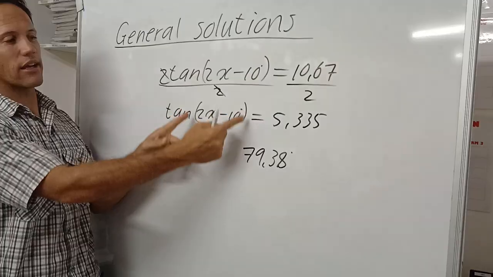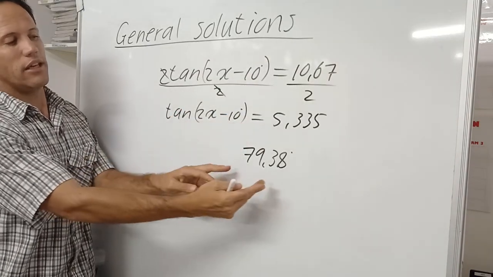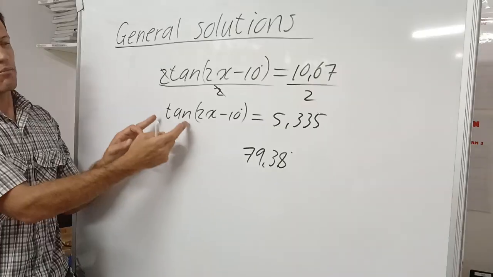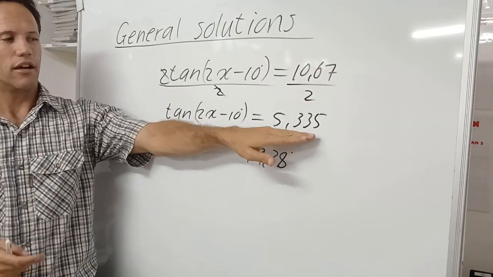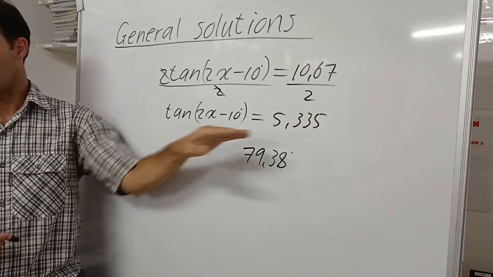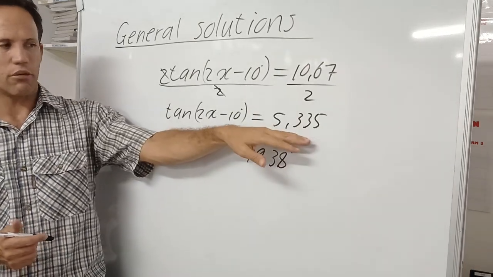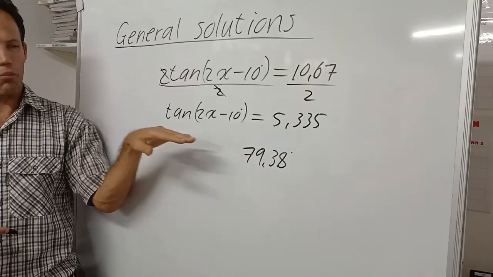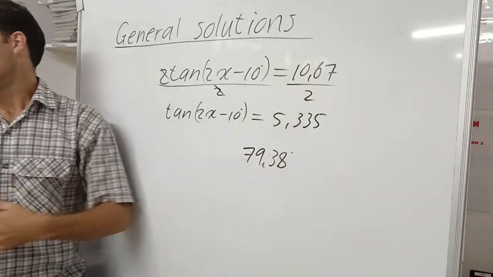The part in the brackets is your angle. So the angle must be 79,38, because when I put in tan 79,38, I'm going to get this. You can check now. If you check what is tan 79,38, it's going to tell you it's 5,335. Just normal tan.